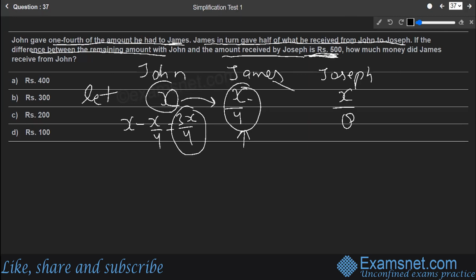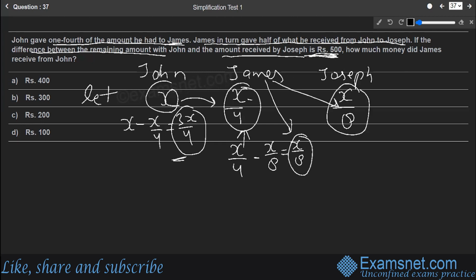So James has given X by 8 to Joseph. How much is left with him? We subtract: he had initially X by 4, he gave half to Joseph, so X by 4 minus X by 8 is again X by 8. So James is left with X by 8, as John was left with 3X by 4. Then how much has Joseph got? Joseph has got X by 8.